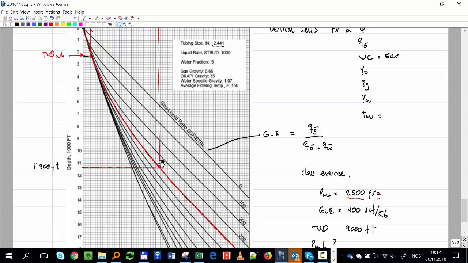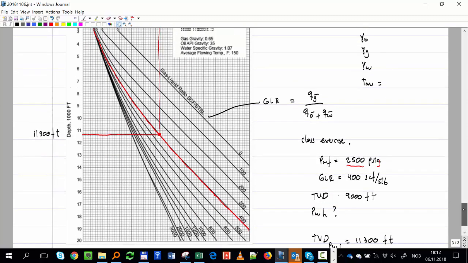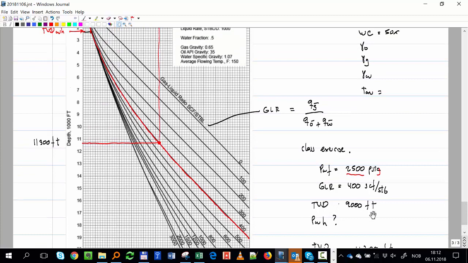But that is the bottom of my tubing. Now I know that my well has exactly 9,000 feet. So to get to the top of the tubing, I have to take that number and subtract 9,000 feet, and now I have it here.